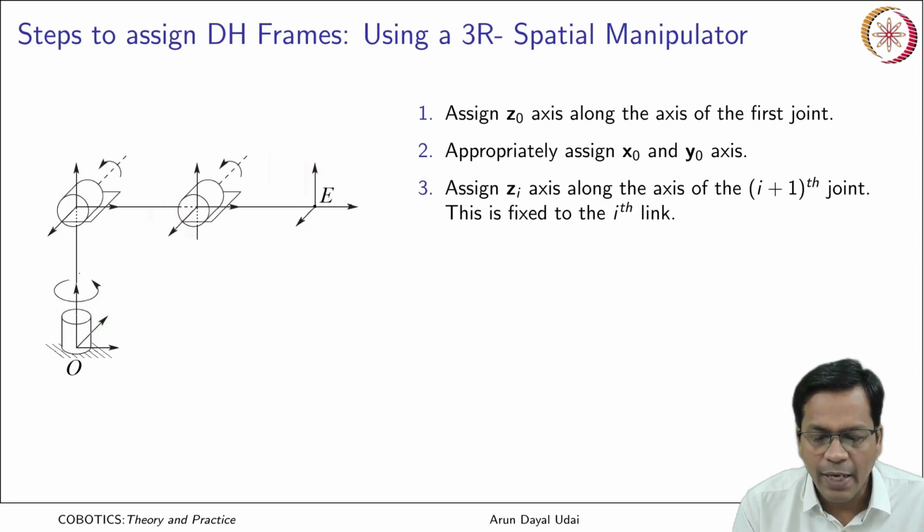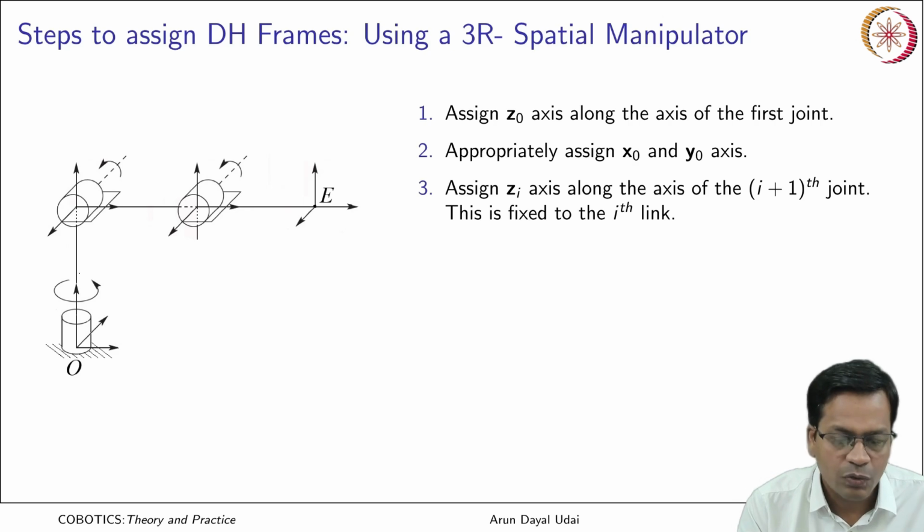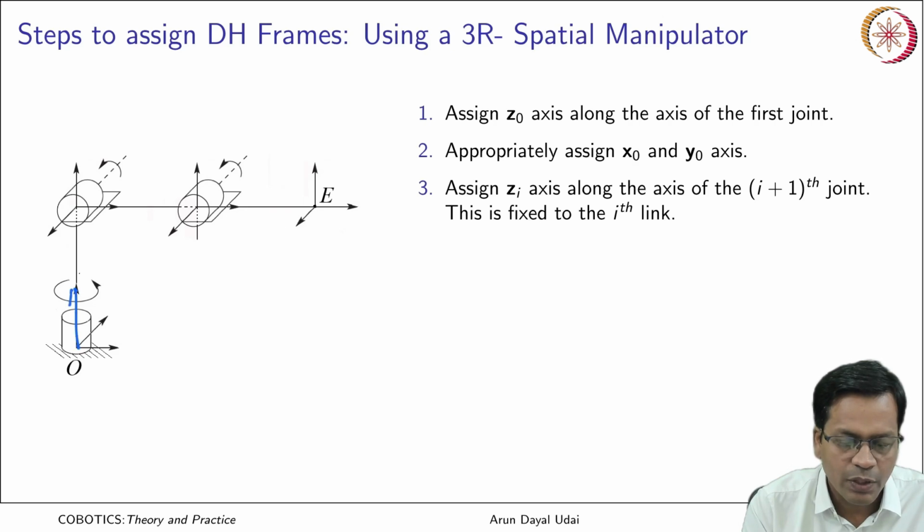Now assign the zi axis along the axis of the (i+1)th joint. Likewise you keep on putting all the z axes. So this was your z0. At the end of link 1 you have the next z1.